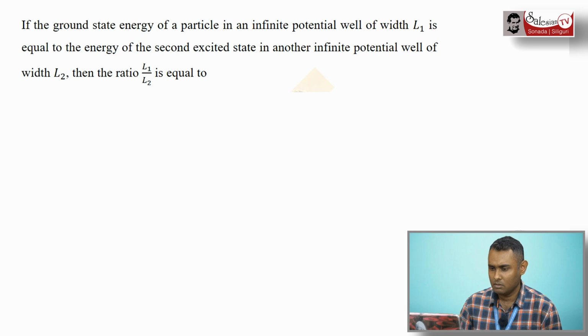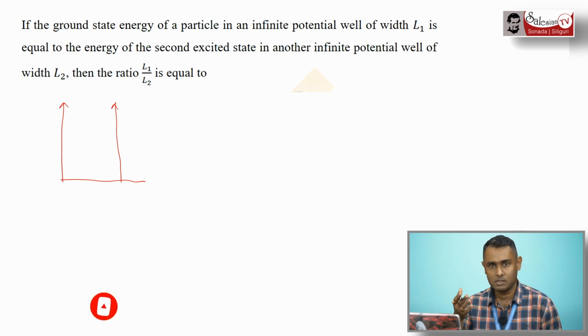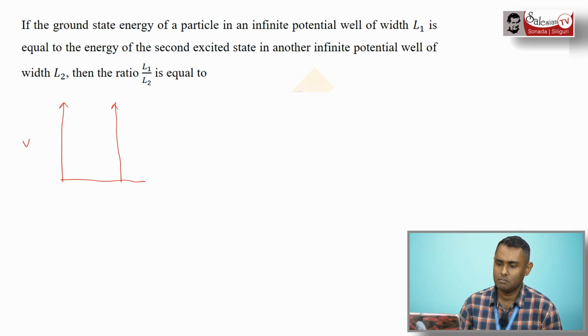So I will just draw the potential wells. For the first potential well, I can have a rough diagram where on the vertical axis I will be plotting the potential. Along the horizontal axis I will be plotting the dimension x, and between 0 and L1 I will have the potential well.